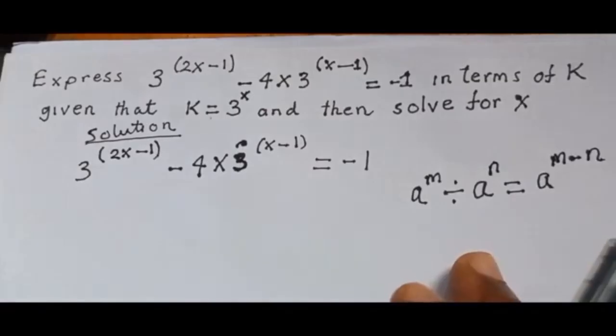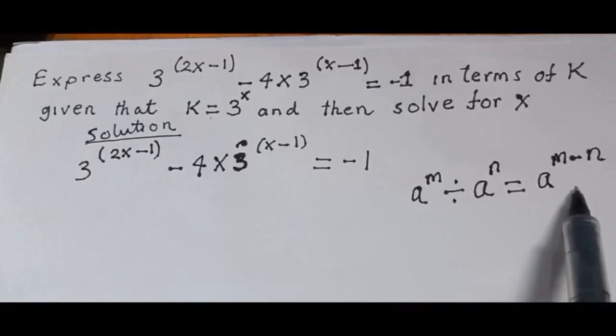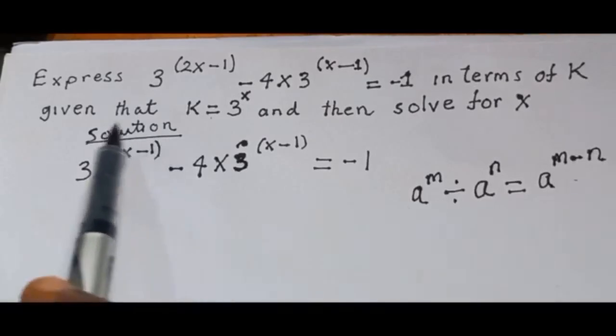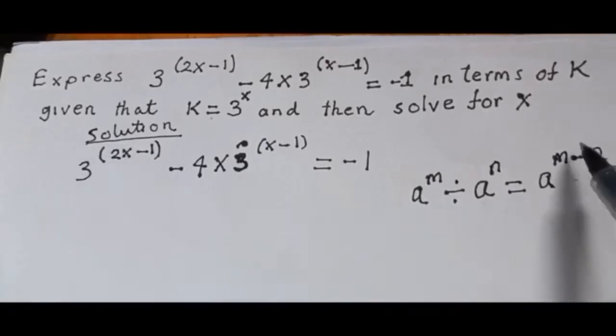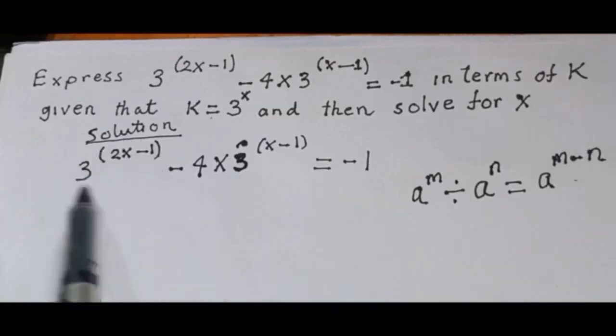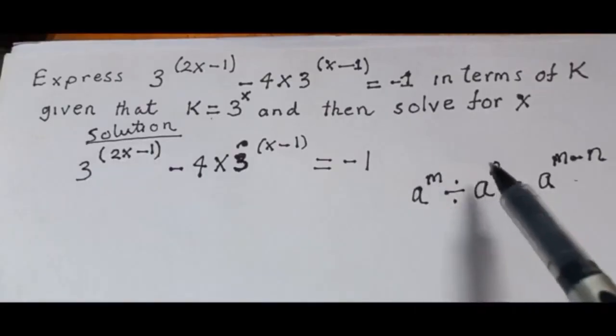This is the quotient rule of exponents. In this question, this rule will be used. As you can see, this one is in the form of this one. So we are going to change this form to this form.